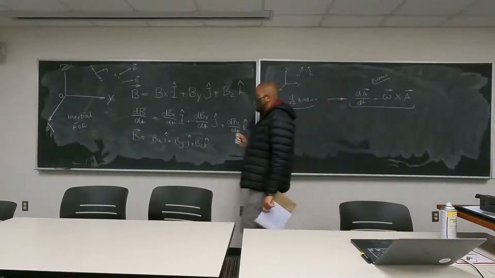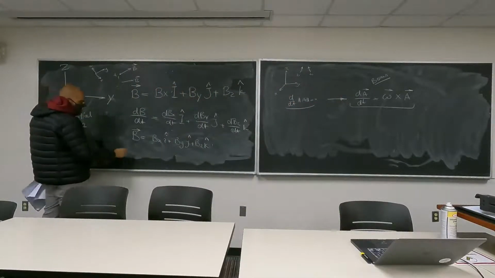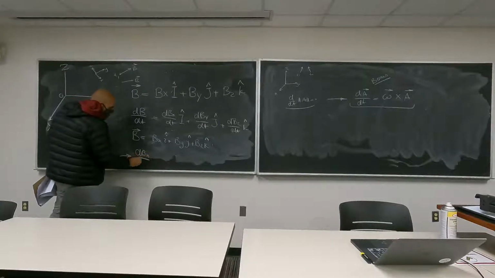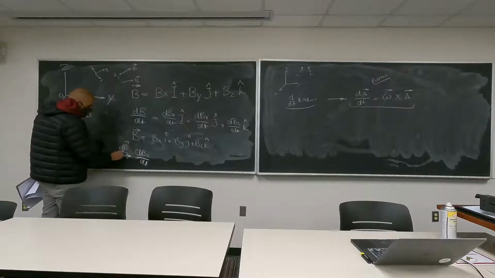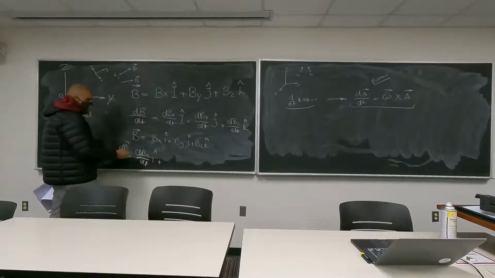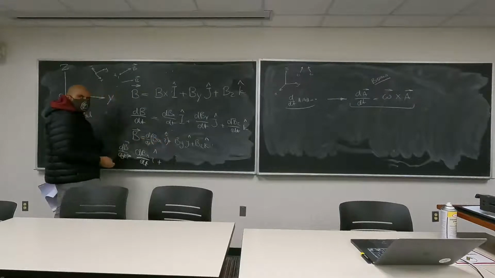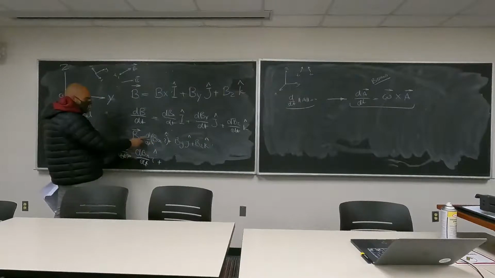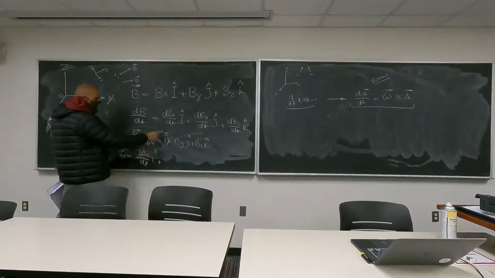So dB/dt for this frame of reference is going to be dBx/dt i, and when you're taking the derivative of this whole thing, this is taking the derivative of a multiplication. So it should be dBx/dt multiplied by i, plus Bx multiplied by di/dt.